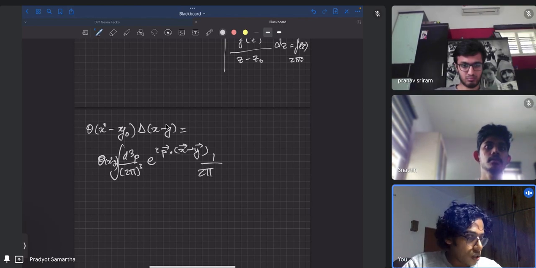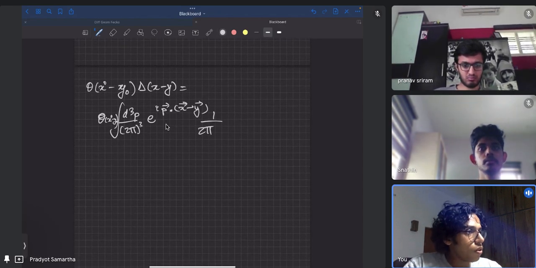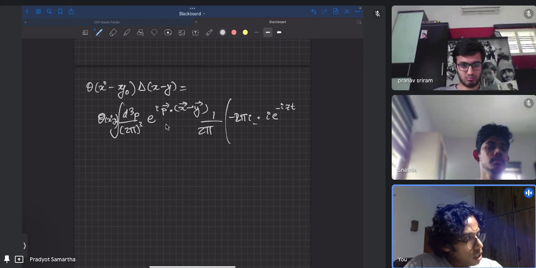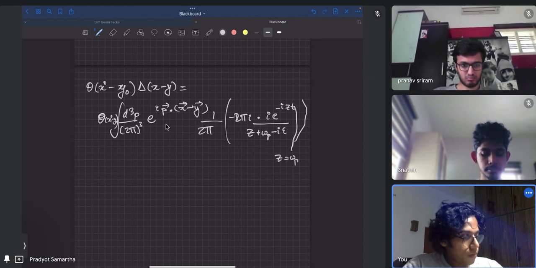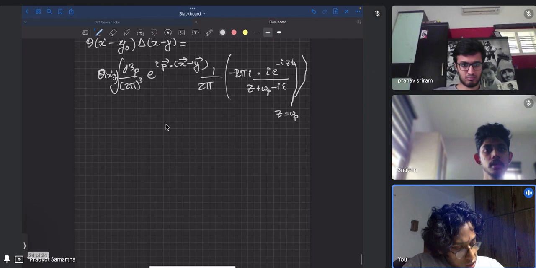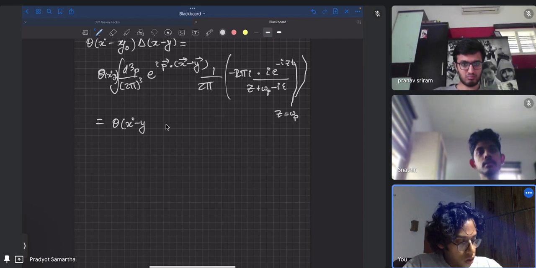The whole integral here, after applying the Cauchy's integral theorem, you just get minus 2 pi i times e to the power of minus i z t by z plus omega p minus i epsilon naught, and this is evaluated at z is equal to omega p.